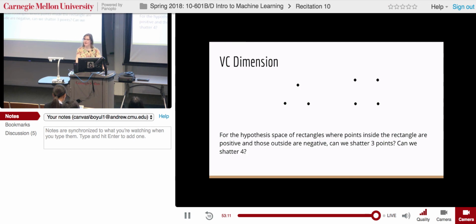For A, works best with smaller state spaces. Who thinks that's true? Who thinks that's false? Only some people voted. It's actually true.